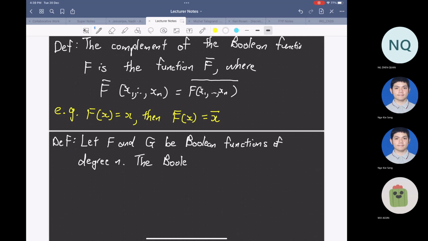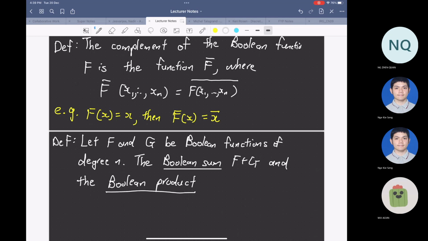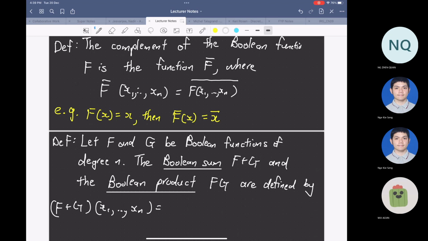To take the Boolean sum f plus g and the Boolean product fg, you just add or multiply their Boolean expressions.